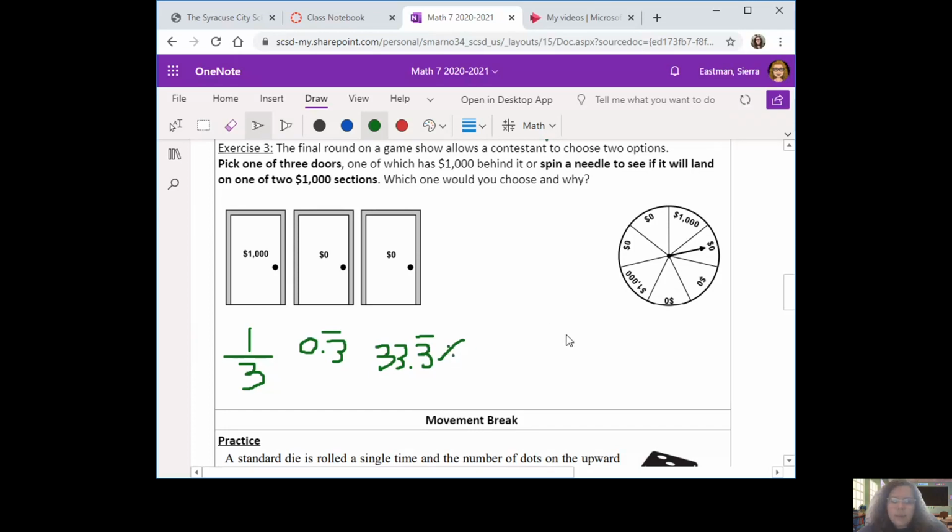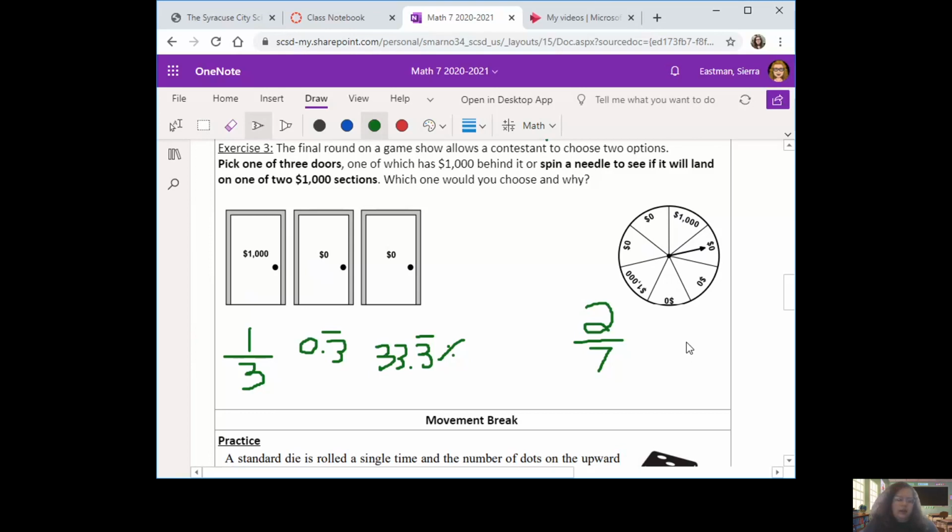But for our spinner, our sample space is no longer 3. Now our sample space has 1, 2, 3, 4, 5, 6, 7 total outcomes, and only 2 of them have the money. 2 out of 7.